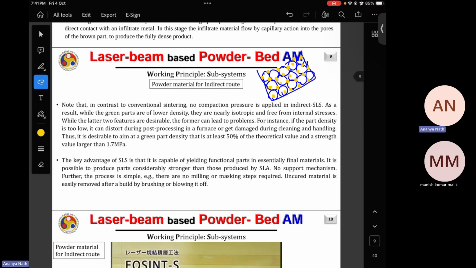The laser will attack all the powder present over there, but as the melting point of these blue powders is much higher than the yellow, the yellow powders will get heated up, will get softened, and they can now bond these powders together. Wherever they are sitting, if they are getting melted there, they can bond three powders together like this.